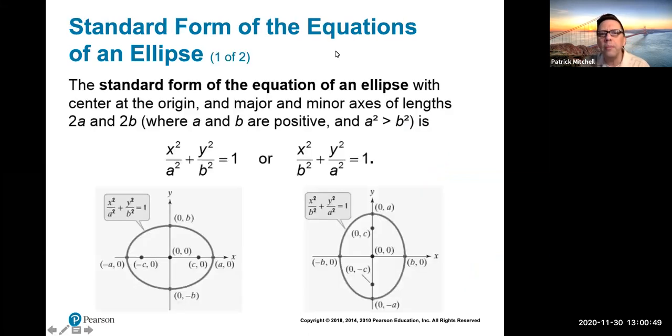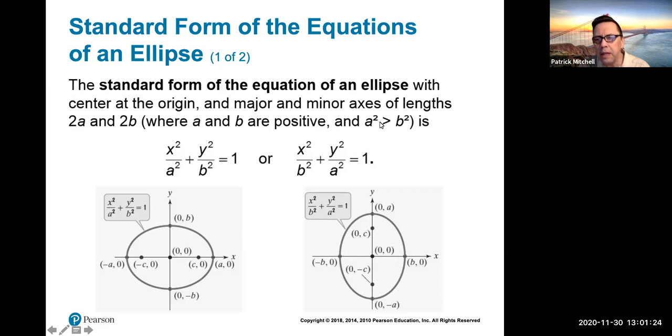The standard form of the equation of an ellipse should remind you a little bit of the equation of a circle. Where the center is at the origin and the major and minor axes have lengths 2a and 2b, it is either x squared over a squared plus y squared over b squared equals 1, and in that case you get a horizontal ellipse, or x squared over b squared plus y squared over a squared equals 1.